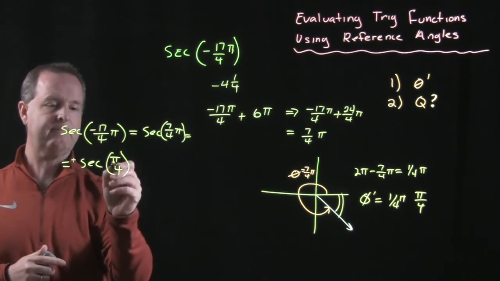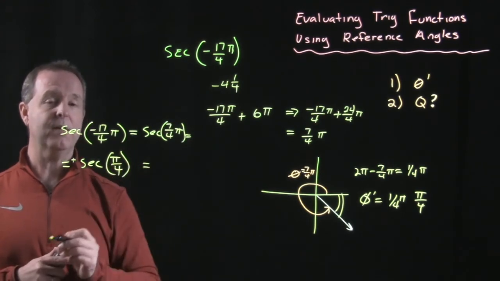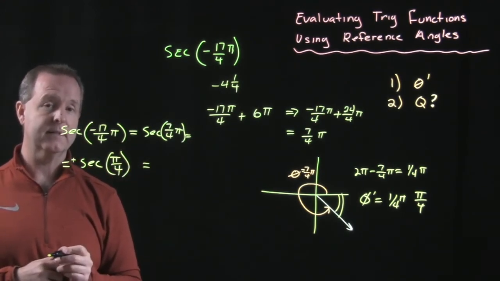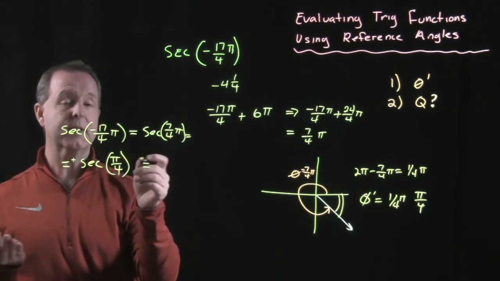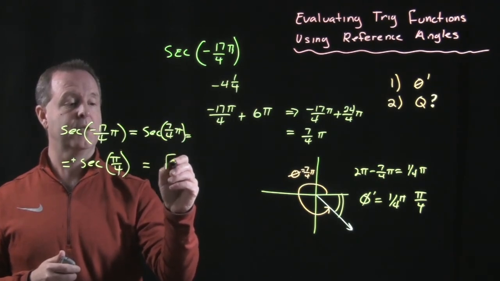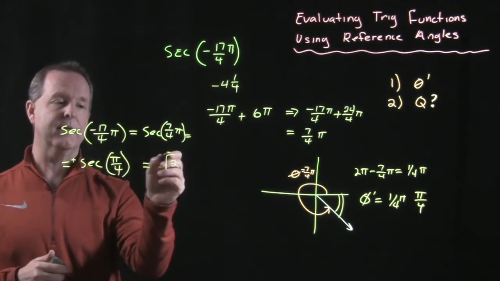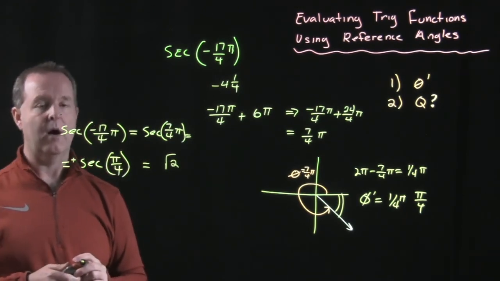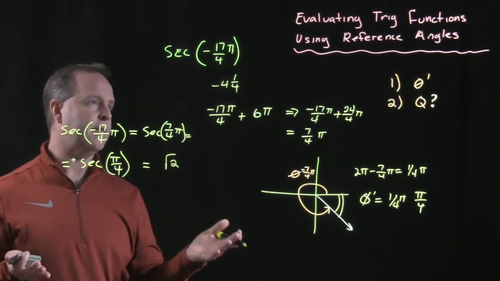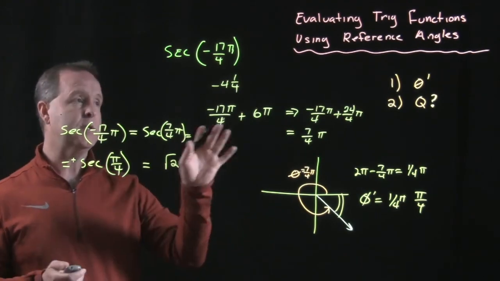And so what is the value of the secant of pi fourths? If we remember our figures, that's the reciprocal of the cosine of pi fourths, which is root 2, and it's a positive root 2 because it's in that quadrant where secants and cosines are positive. So there's a little bit of how we can evaluate trig functions using reference angles.